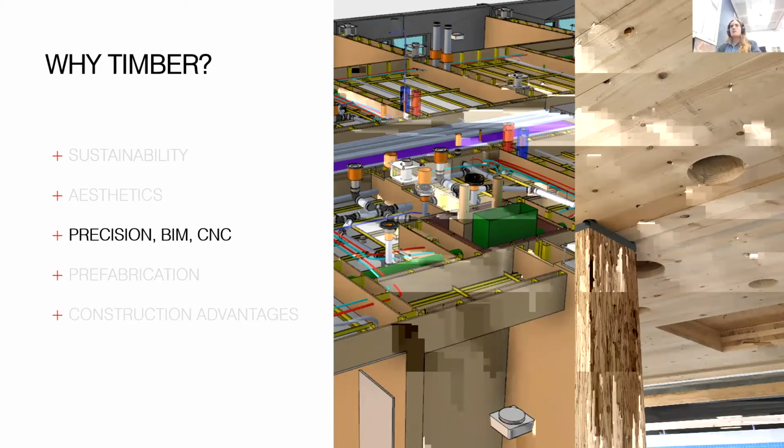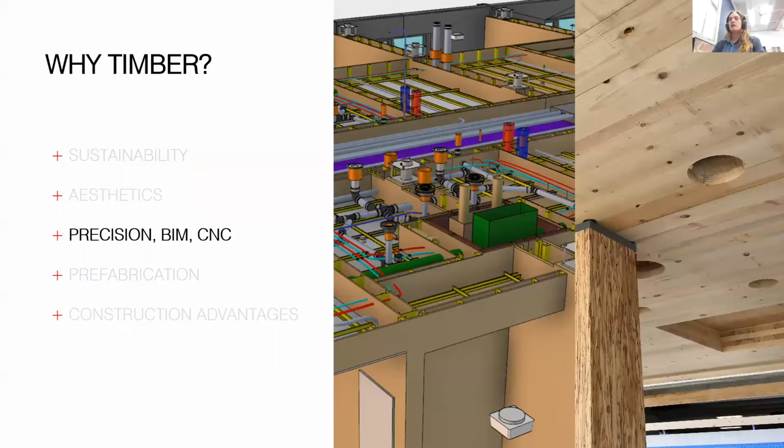Precision utilization of 3D modeling and CNC. This is really a place where mass timber shines because it is a prefabricated system and a kit of parts. So you're working with a supplier to grab sections in the same way that you would with steel or any other material. The idea with mass timber is that everything comes to site drilled, ready to go, and fits together like Legos.